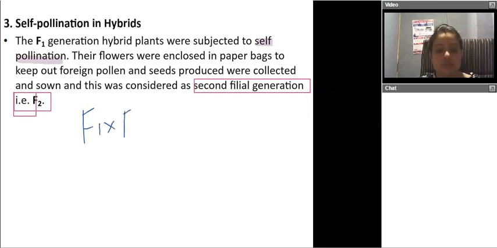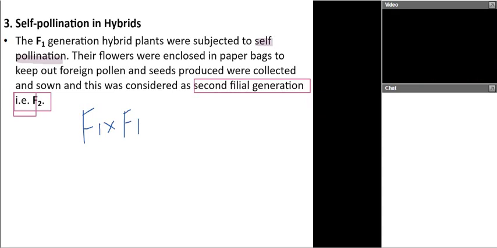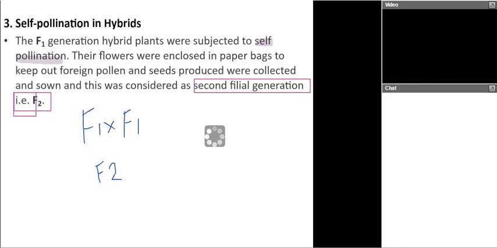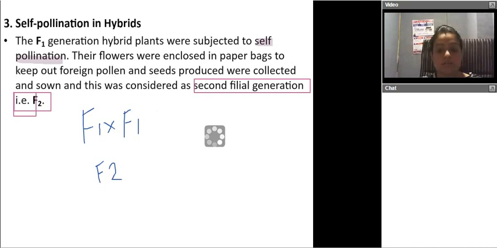When the first filial generation plants were self-crossed, the second filial generation came into existence. Their flowers were enclosed in bags to keep out foreign pollen, and the seeds were collected separately and formed the second filial generation. Right?